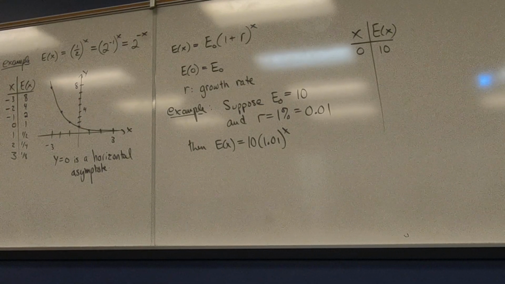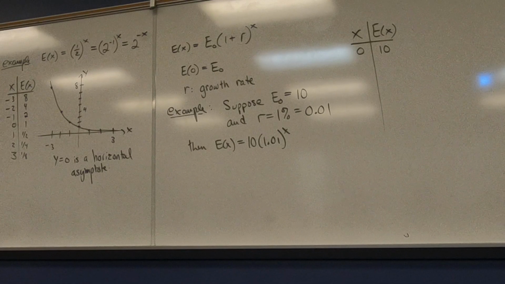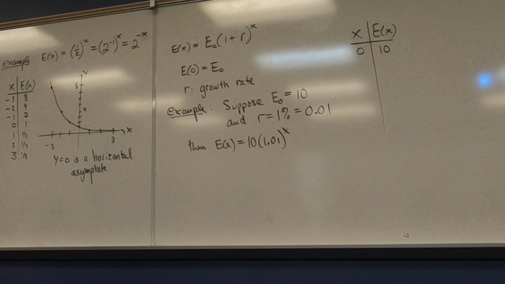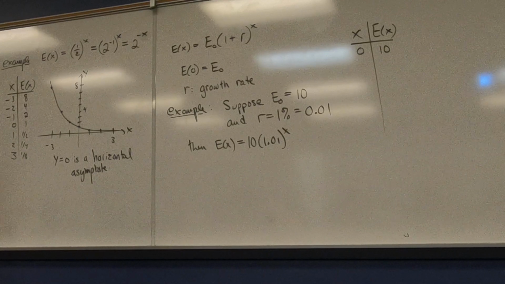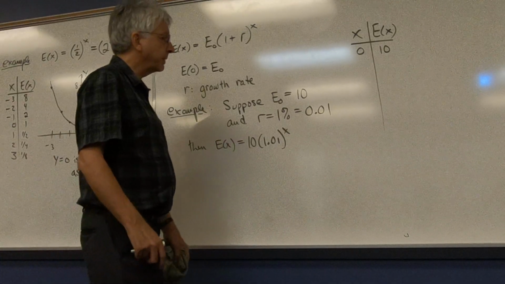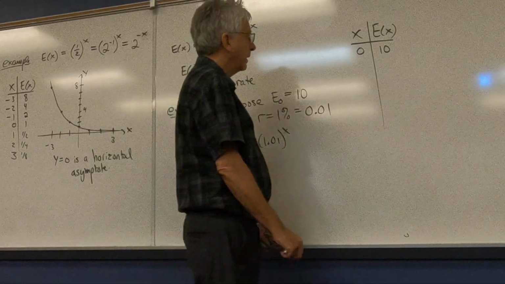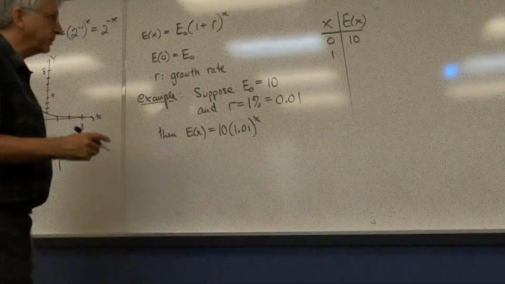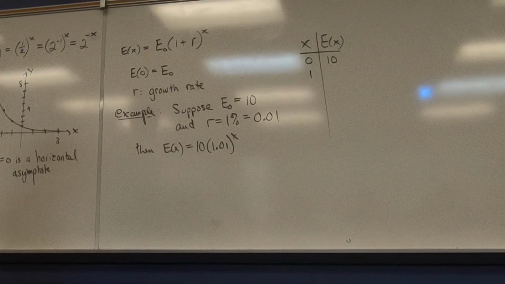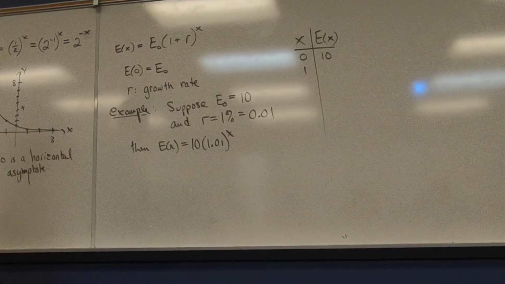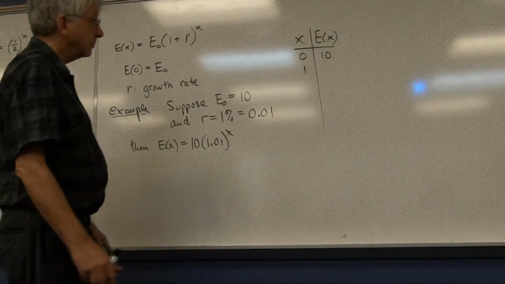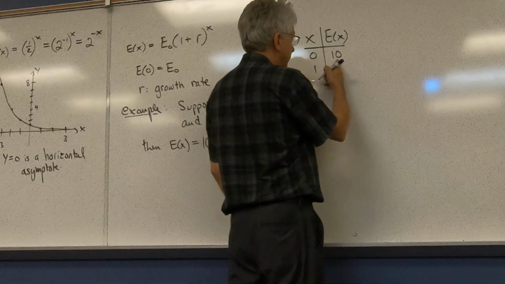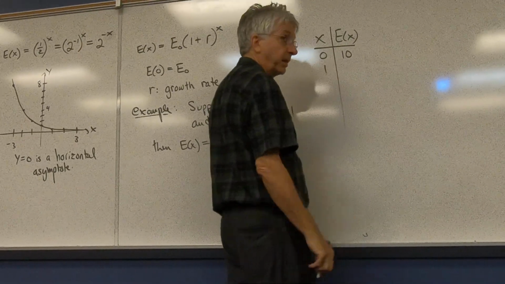Is x time? Not necessarily, but very often we're talking about things that change over time, exponential functions that are time dependent, and so we think of x as being time. After 1 unit of time, how big is our thing? Well, it's 1% bigger. So 1% of 10 is 1/10.